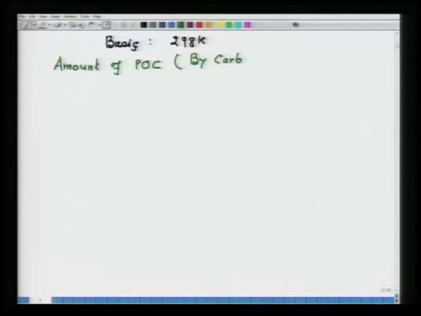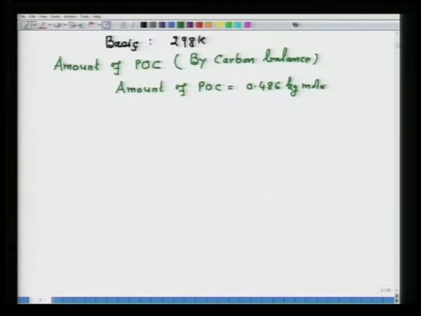If you do the carbon balance, I will straight away write down the amount of POC for this particular problem: it will be equal to 0.486 kg mole per kg of carbon.